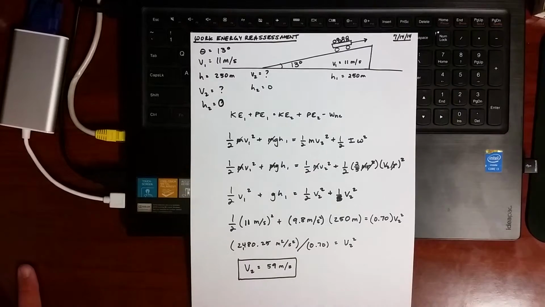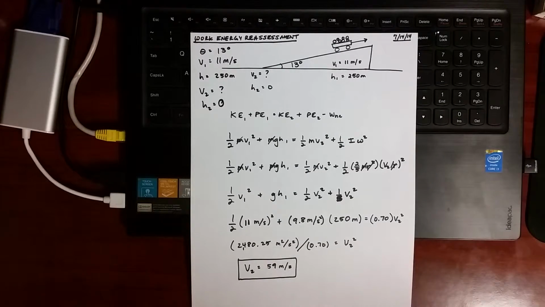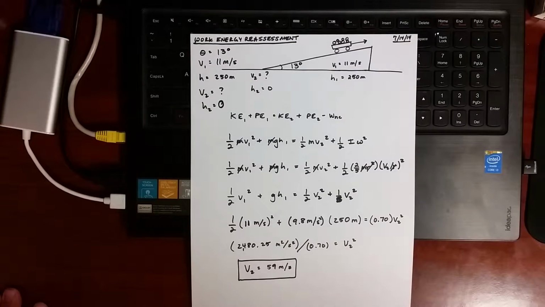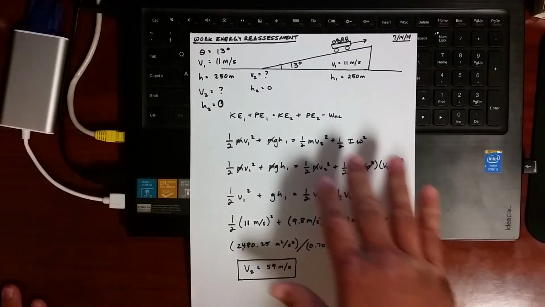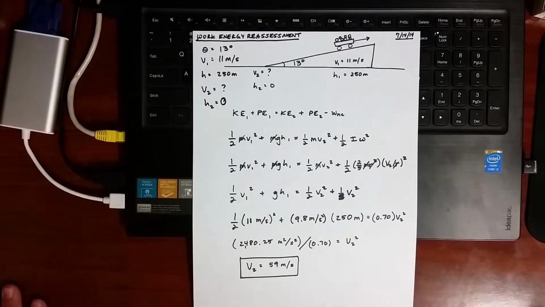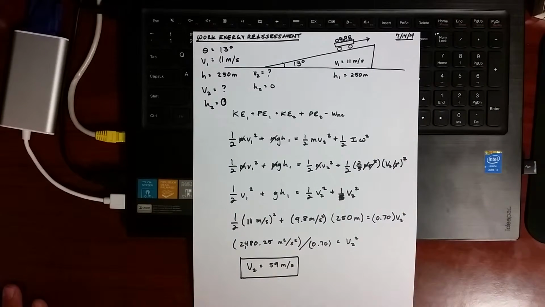Since it's basically a ball rolling down a hill, we're going to have not only a translational term, but also a rotational term. That's why you see in kinetic energy 2 we have a 1/2 Iω², which is the rotational term for the trophy rolling down the hill.